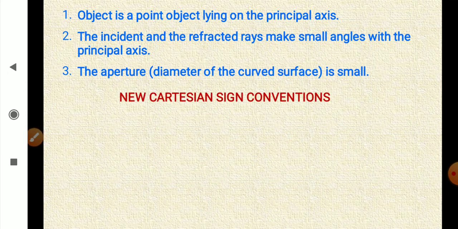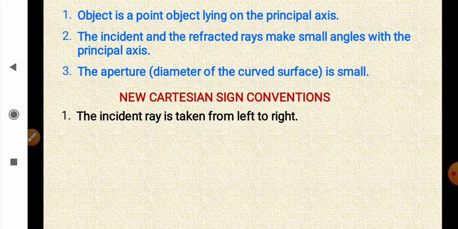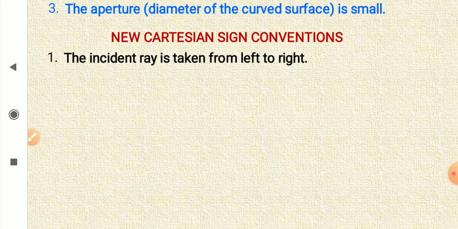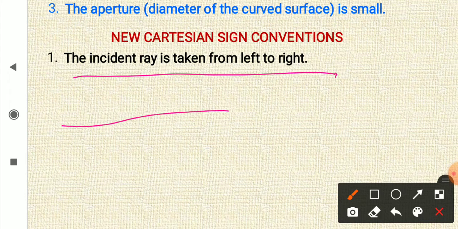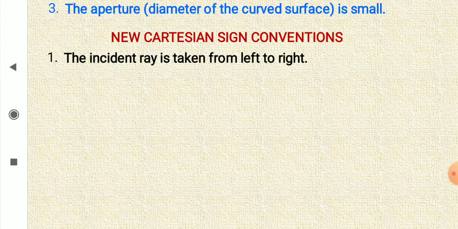And the new Cartesian sign conventions, you are familiar with them, just for the sake of revision. First one, the incident ray is taken from left to right. This is the direction of the incident ray.